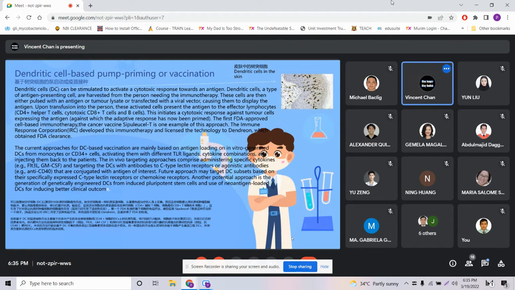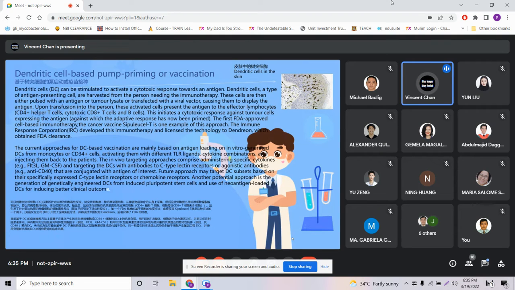In vivo targeting approaches comprise administrating specific cytokines and targeting the DCs with antibodies to C-type lectin receptors or agonistic antibodies that are conjugated with antigen of interest.